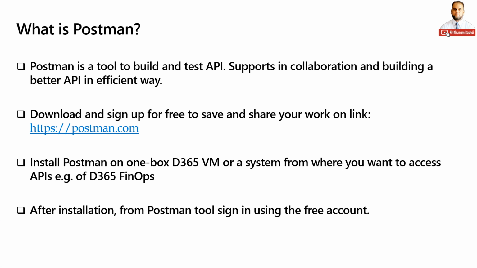You can install Postman on a Dynamics 365 Finance and Operations VM if you are working on a one-box developer machine in order to test your APIs, or it can be on any other client system from where you are calling your one-box, or the production or test instance of Dynamics 365, or any other software or open source application which is exposing some APIs.